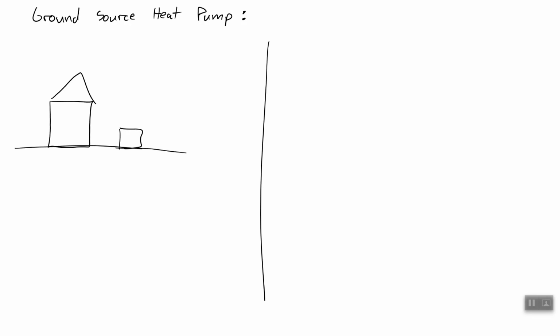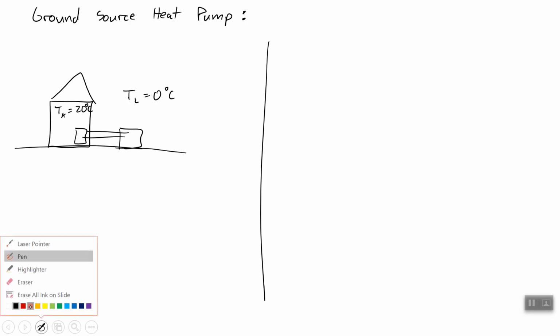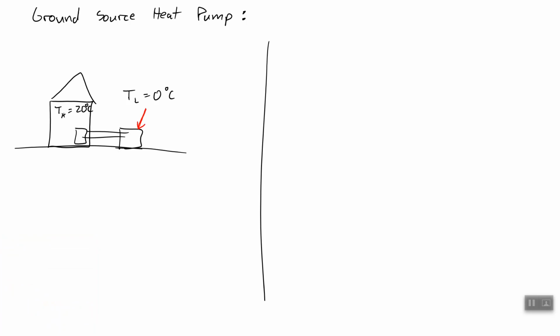So, in the ones I've been showing, let's say we're in heating mode, so the outside is at 0 degrees Celsius. That would be bad if that was Kelvin. And the inside's at 20 degrees Celsius. And so we're in heating mode, so we're putting in heat here and then rejecting heat here.